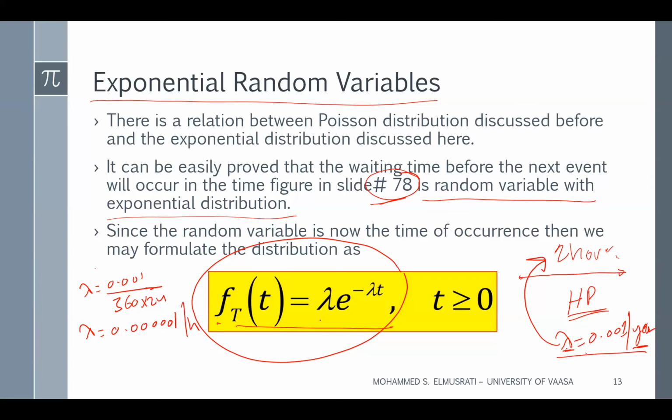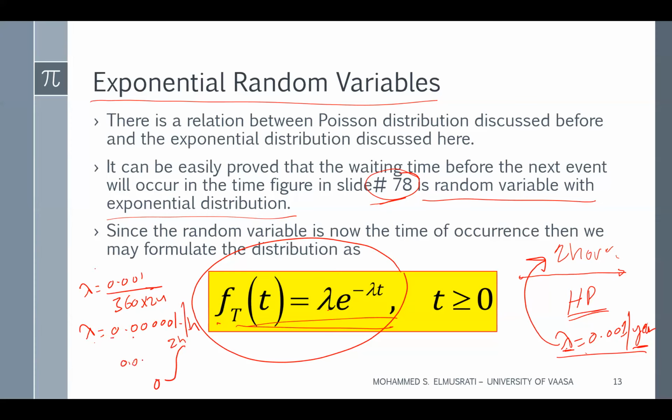Now this will be the distribution. If you want to calculate the probability that the time when you will have a failure is within 2 hours, then you take the integration from 0 up to 2 hours, and you substitute with this new lambda, because this new lambda is now given per hour.